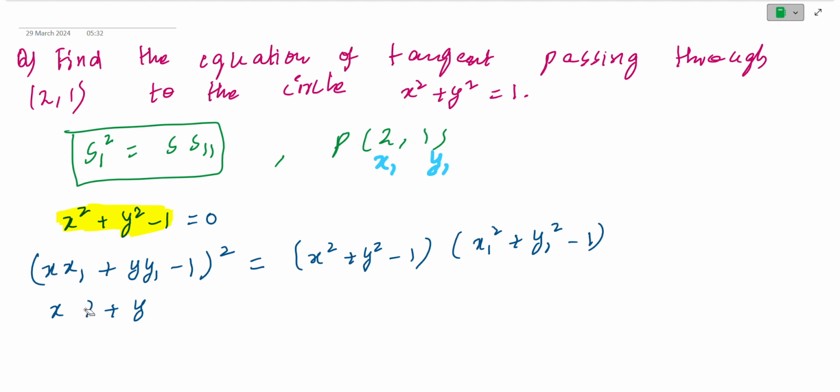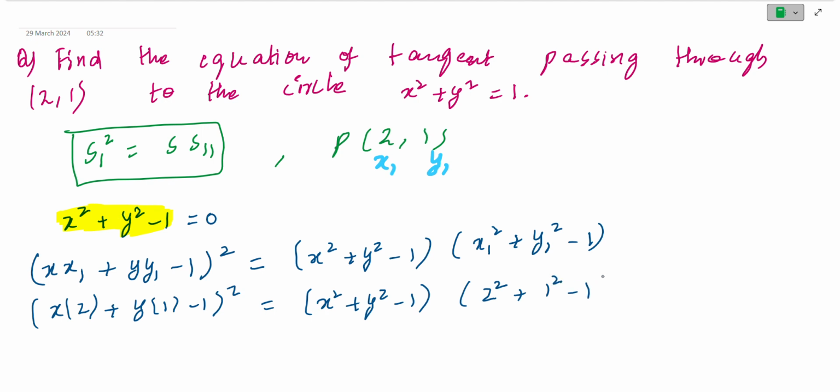So now in the place of x1 I have to substitute 2, and in the place of y1 I have to substitute 1. Minus 1, whole square is equal to, so it will be x square plus y square minus 1 into x1 square, that will be 2 square, plus y1 square, it will be 1 square, minus 1.